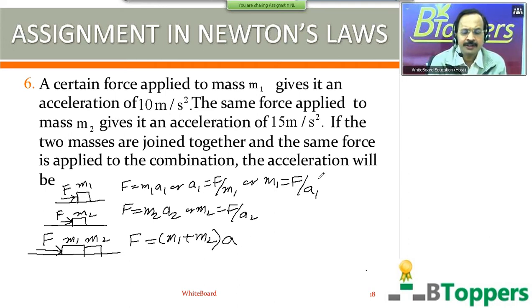On the right hand side, you can substitute m1 equal to F by a1 and m2 equal to F by a2. So on the left hand side you have F, and on the right side m1 can be written as F by a1, m2 equal to F by a2. You simplify this yourself.